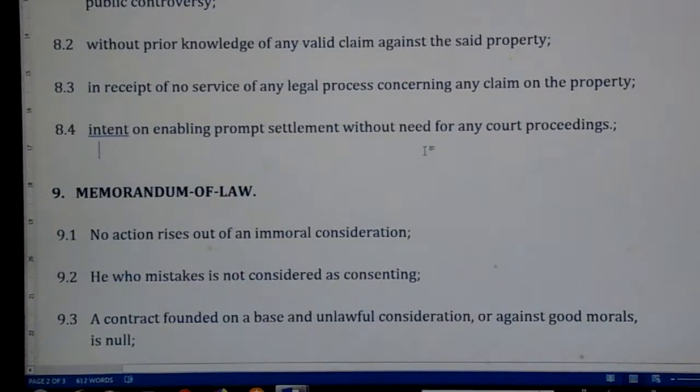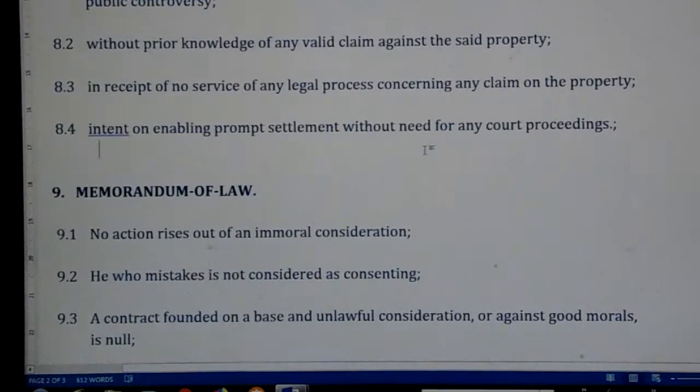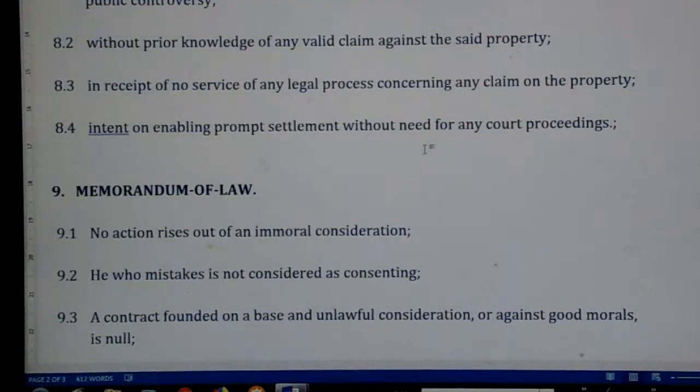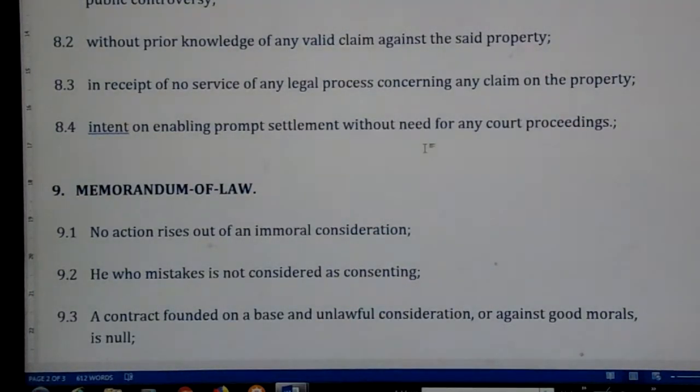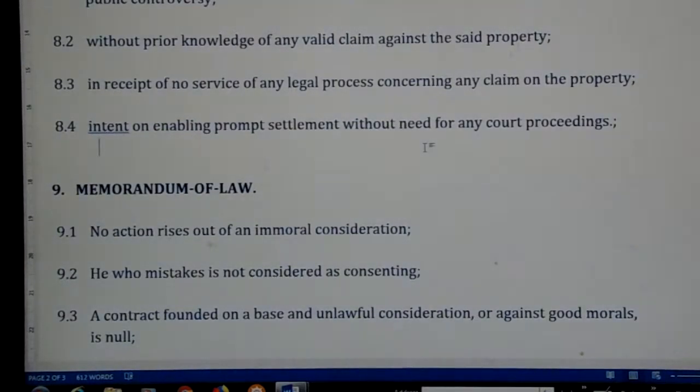So if they say they sent you letters, ask them: please send me a certified copy of the certificate of service to show how you served me process, to say that you have a claim or you express an interest in my property. How stupid can you be?